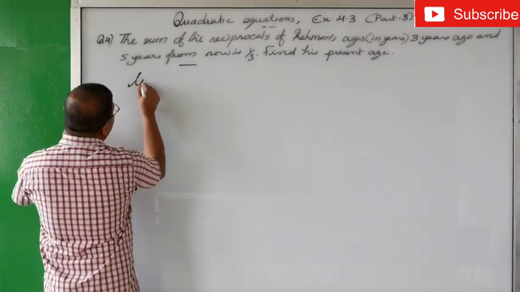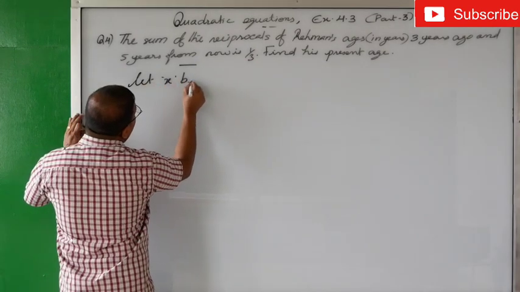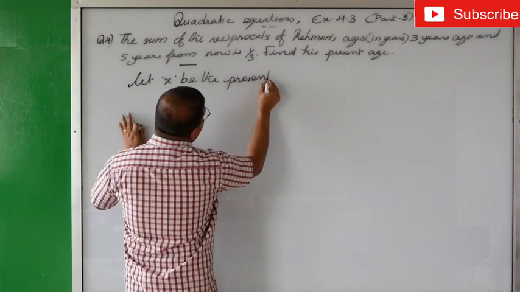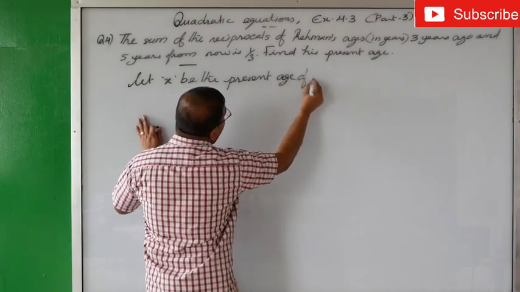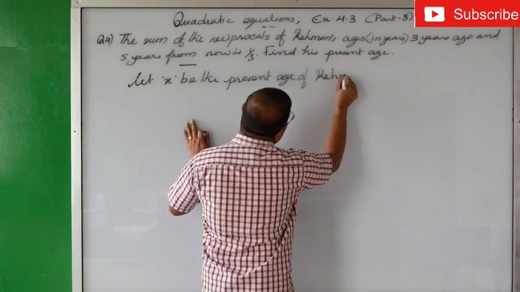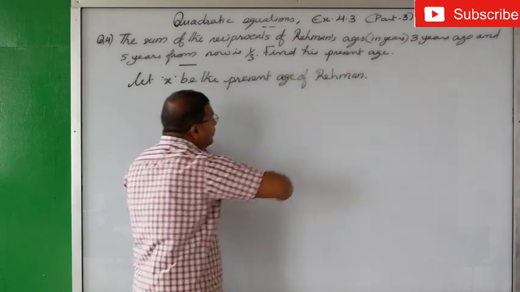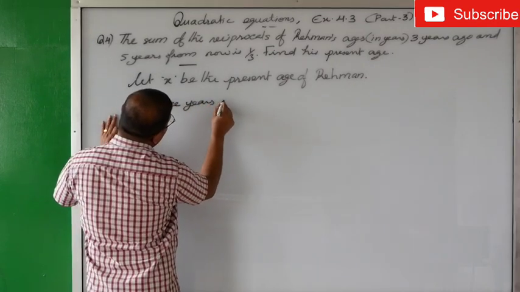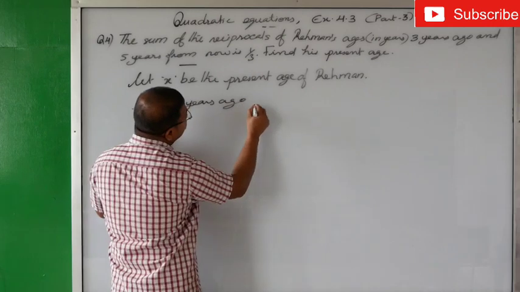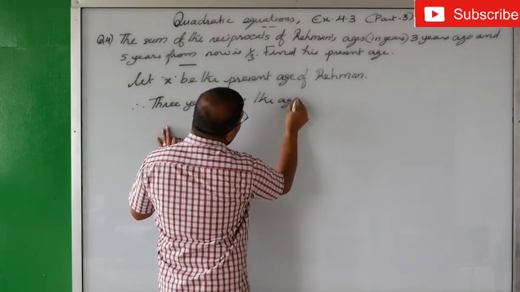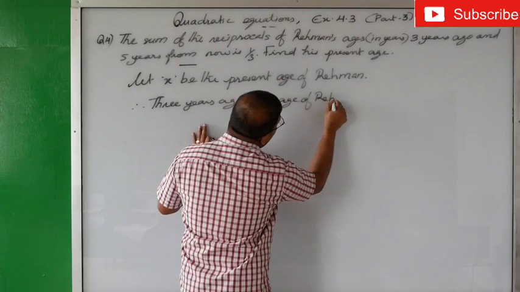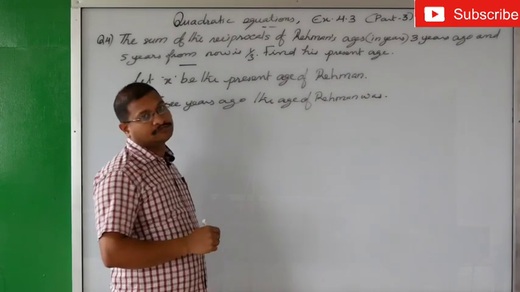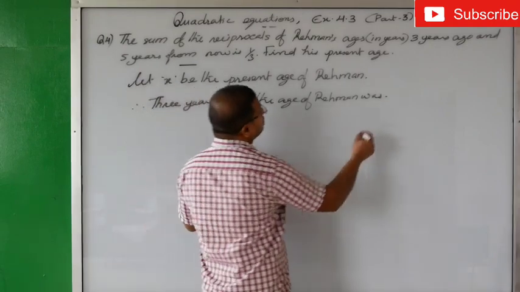So we'll write, let x be the present age of Rahman. After that, 3 years ago, the age of Rahman was, ready, what will you write?